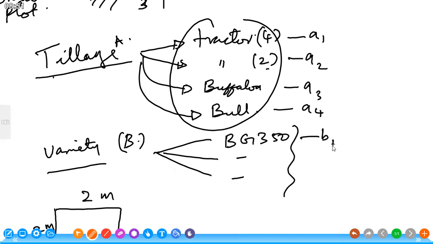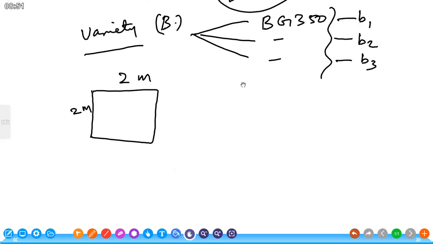This is B1, B2, B3. Now tell me, can I have a combination of A1 and B1 in this plot? Anyone?